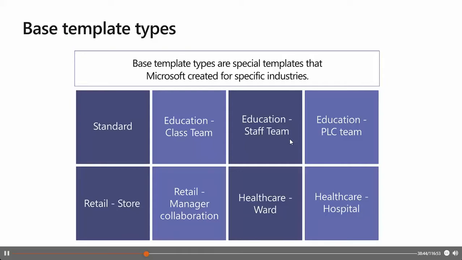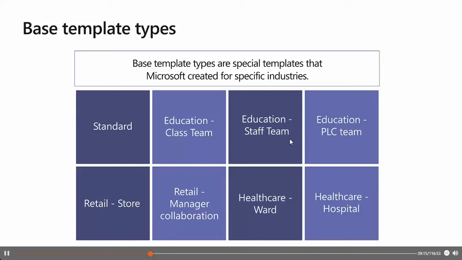After discussing the capabilities and the limitations of Teams templates, we can take a closer look at the basic template types that are available. We have, for example, the standard template, the education class team template, the education staff team, the education PLC team, retail store, retail manager collaboration, healthcare ward, and healthcare hospital.